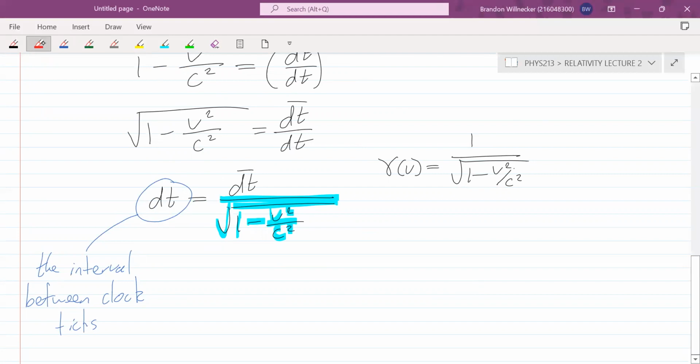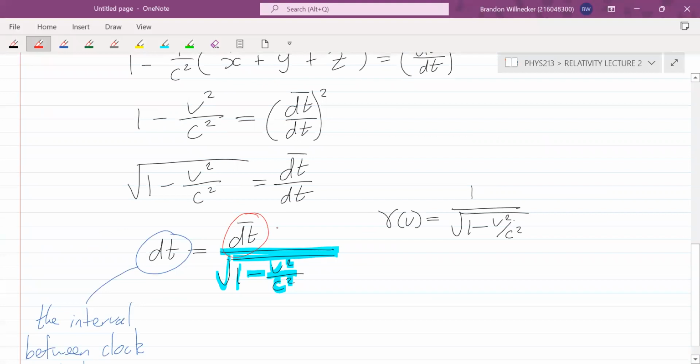So if I had a clock with me, this is the interval between the ticking. On the other hand, the dt bar, this one over here, is the interval, or you can think of it as the period between your clock ticks. So the interval between clock ticks for you.